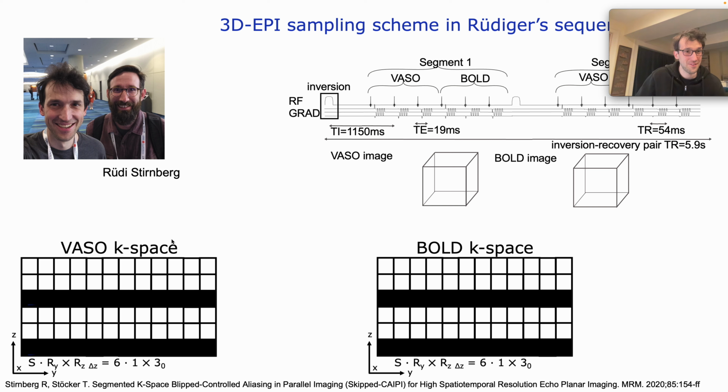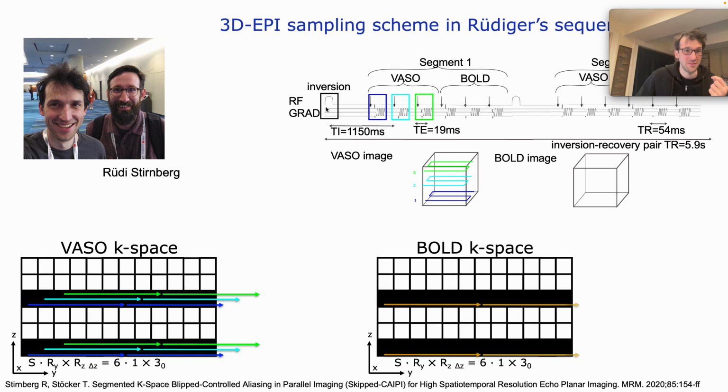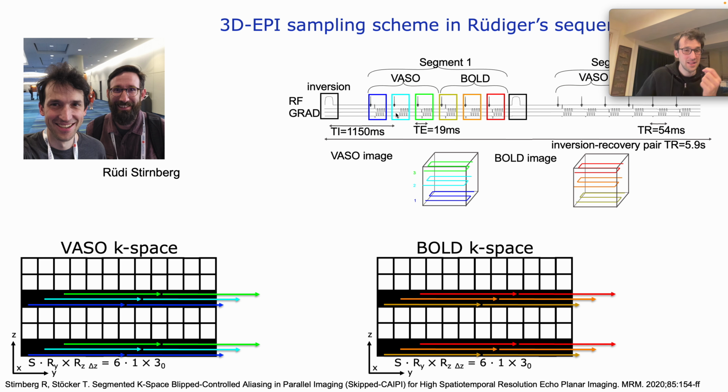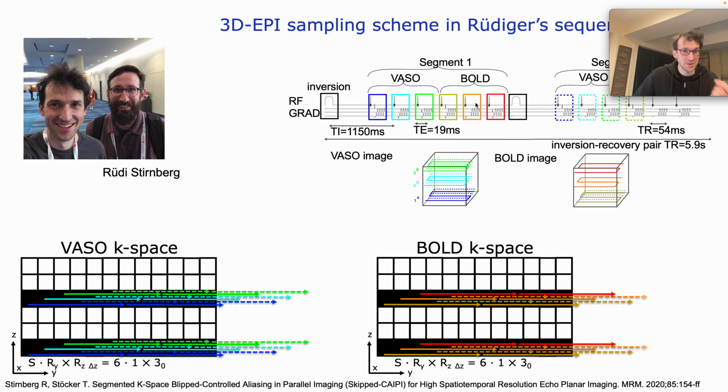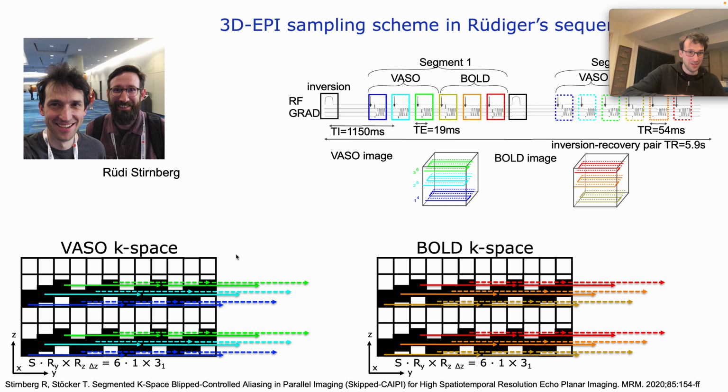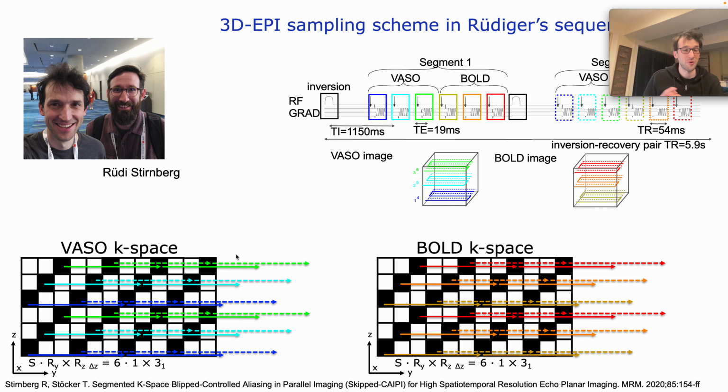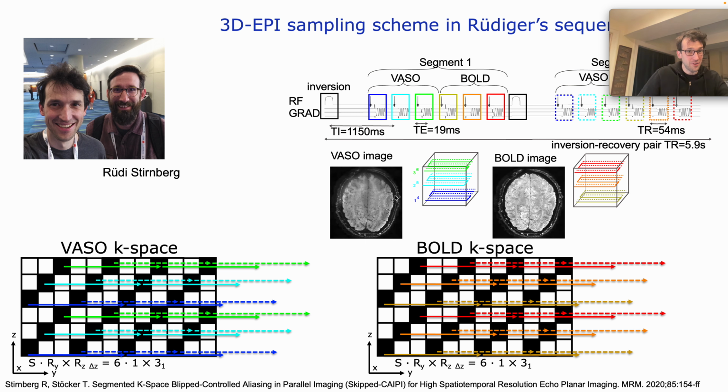Instead, we did a lot of segmentation here for an inversion recovery sequence, where we have an inversion, then multiple segments acquired for BOLD and VASO, and then the remaining segments are acquired in the next inversion recovery period. And then we spread those out in the ky direction for most efficient unaliasing in that direction for GRAPPA, to have 2 simultaneously acquired k-spaces of vein-free fMRI VASO and BOLD too.